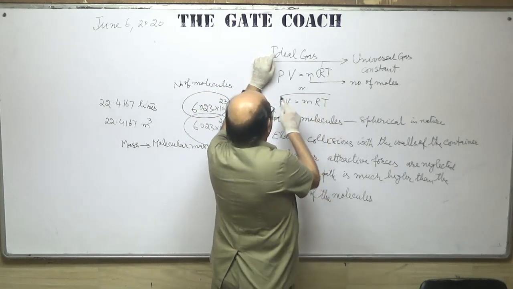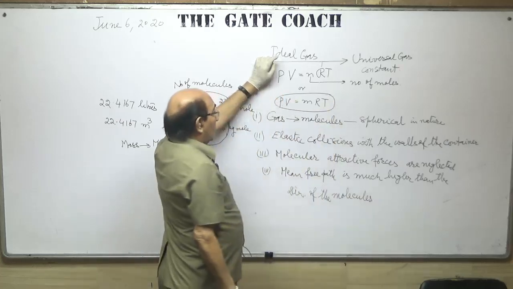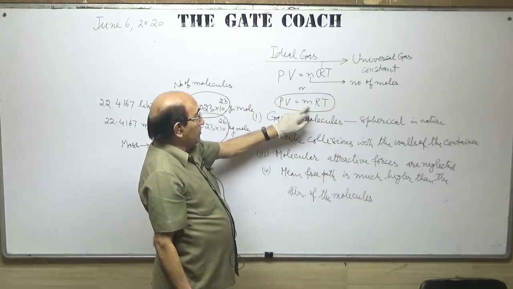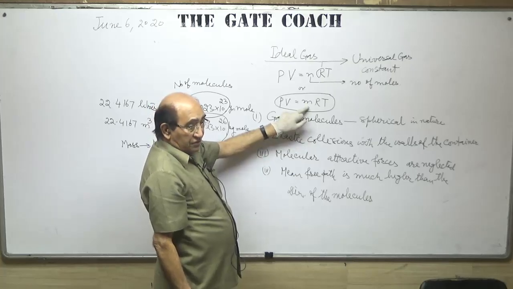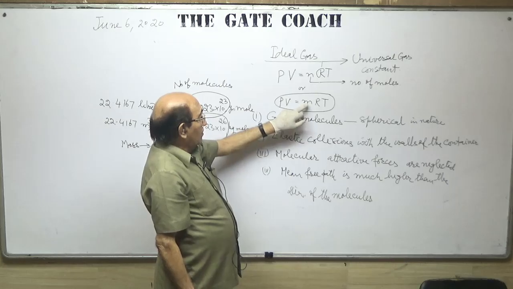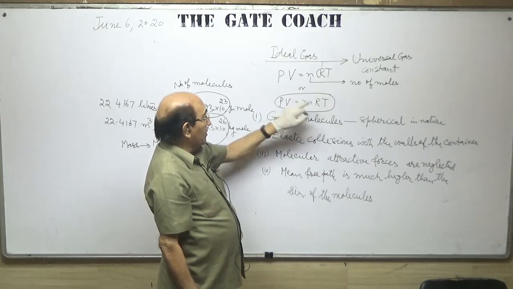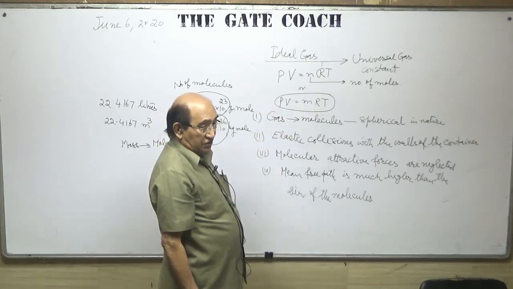This equation PV is equal to mRT, where m shall mean the mass of the gas. For a given mass of the gas, pressure, volume and temperature are connected by this equation.